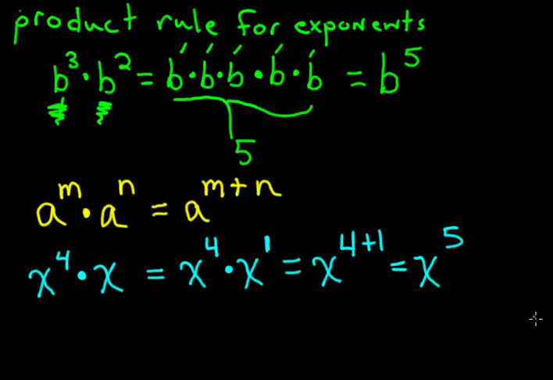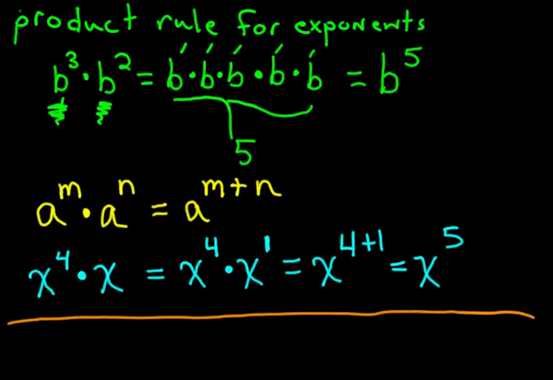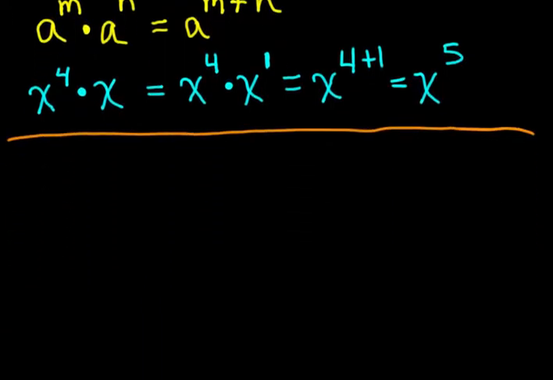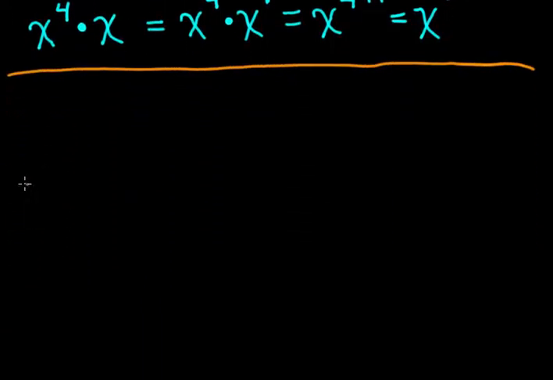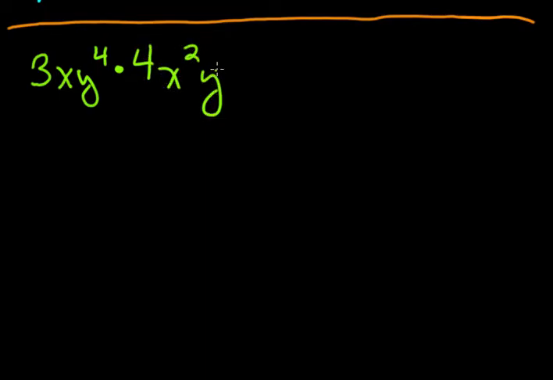And let's make it a little more complicated. I'm going to scroll this up here so I can come across. We're going to look at 3x y to the fourth times 4x squared y squared.